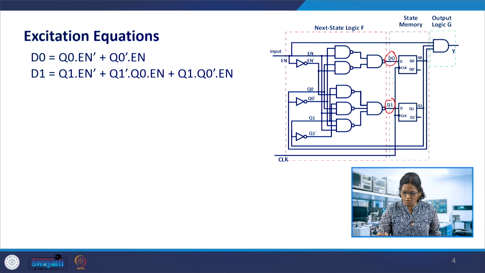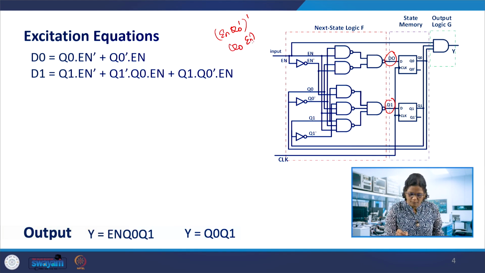D0 and D1 are the outputs of the next state logic, which get fed into the flip-flops. So we can represent D0 here as follows. If we take this point, this is Q0 dash and enable, Q0 dash and enable in this NAND gate, and this is another NAND, and over here enable dash and then Q0, and then NAND, and those two are again given to a NAND gate here.